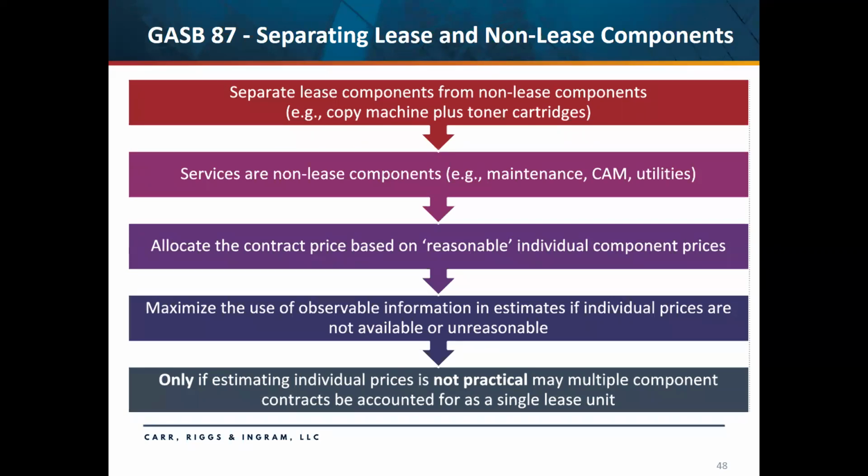We need to allocate the contract price based on the reasonable individual component prices. We need to maximize the use of observable information and estimates if individual prices are not available or unreasonable. And only if we estimate individual prices is it not practical to have multiple component contracts be accounted for as a single lease unit. And remember, on these services that are non-lease components, we're going to cover that with GASB 60.